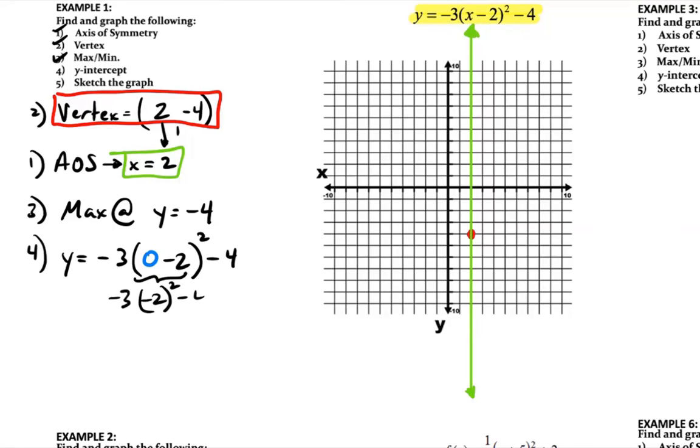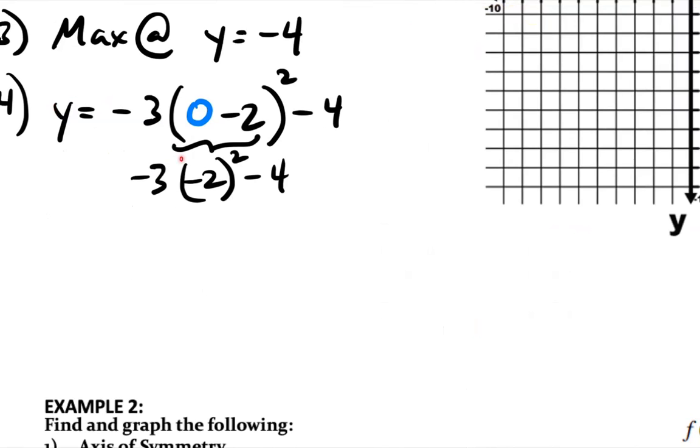Everything else comes down. 2 times -2 times -2, +4. So -3 times +4 minus 14. -3 times 4 is -12. Minus 4 is -16.